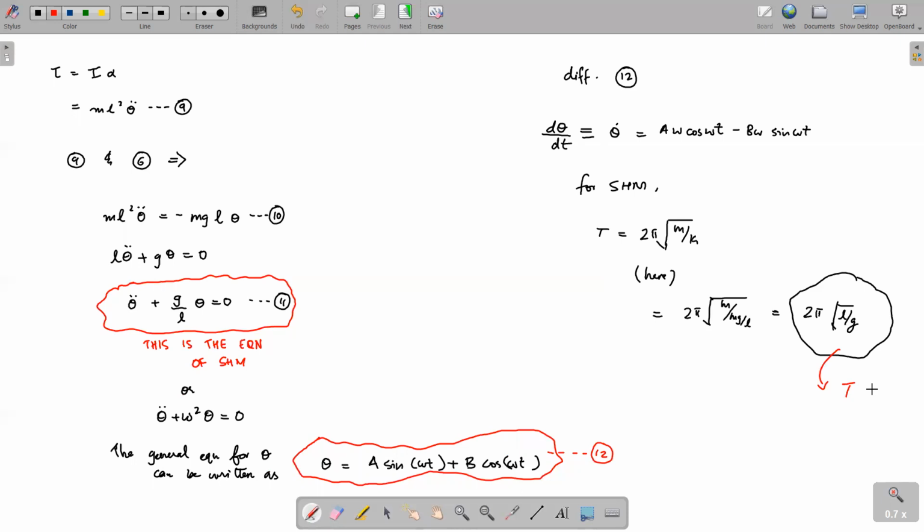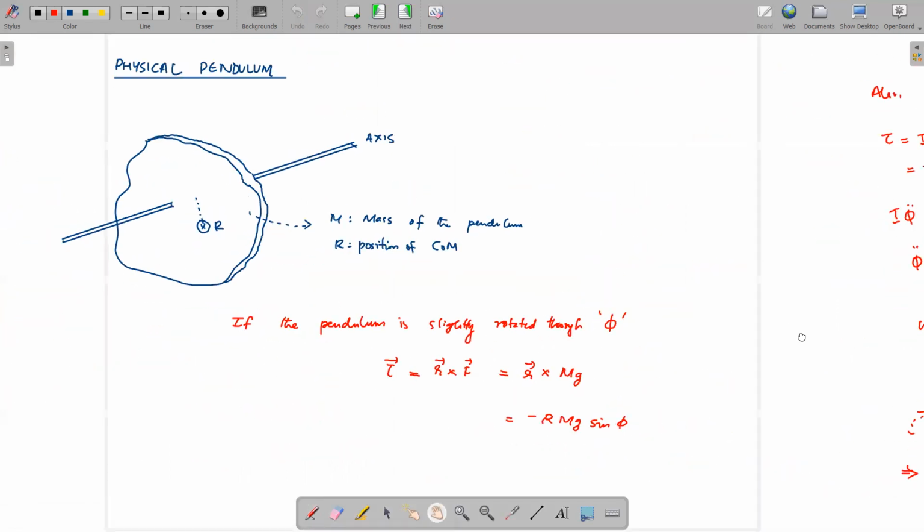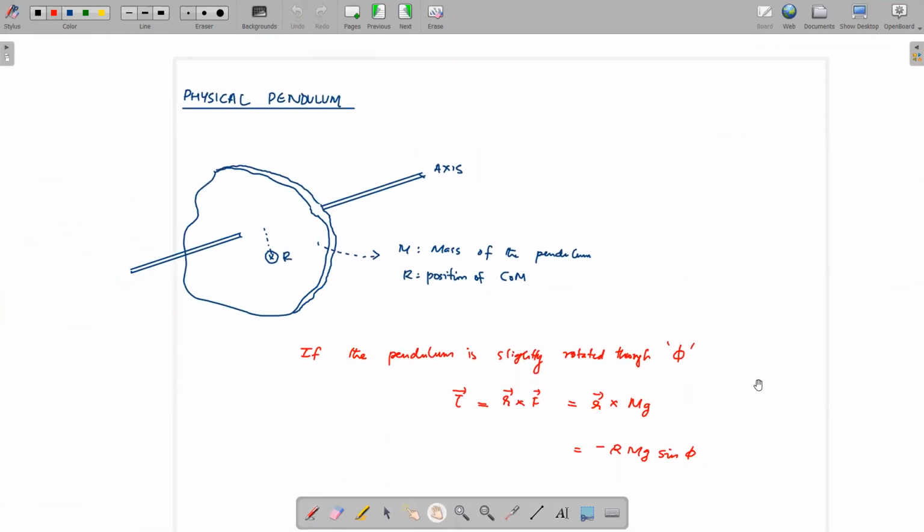So now let's look into the second case, that is of physical pendulum. Okay, so the second kind of pendulum we're considering is a physical pendulum, something like this. It can have any shape and any size, so we are randomly picking up a shape.